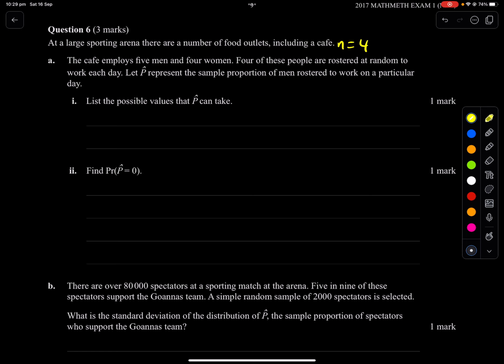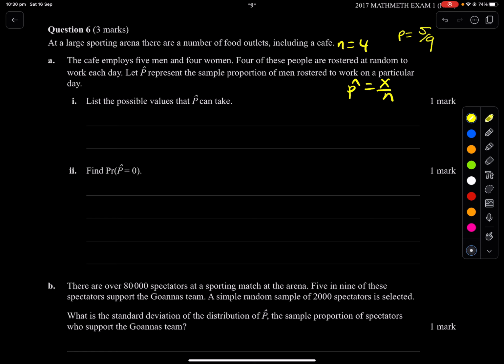So men, how many men? 5. Let's say P is men, it's 5 on 9. So we want P to represent the proportion of men. We know that proportion is x over n, and we need up to 4 men, because it's only 4 people we can take.